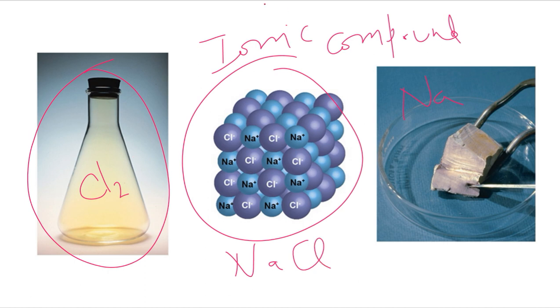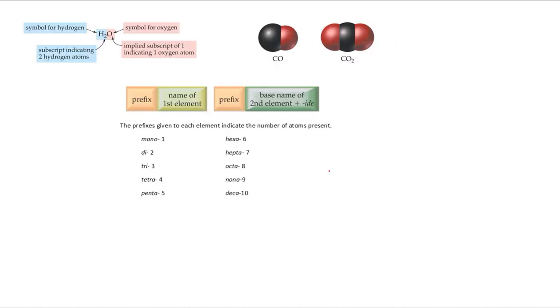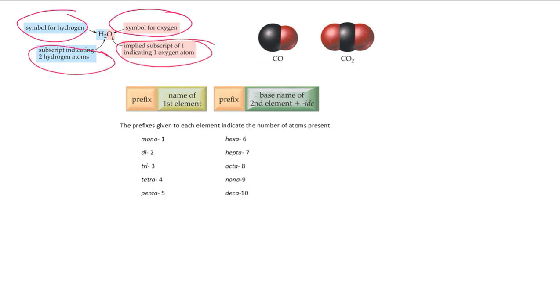Then the union of a metal with a non-metal produces an ionic compound. In a formula, you have the symbols of the elements, and the subscript indicates the number of atoms.